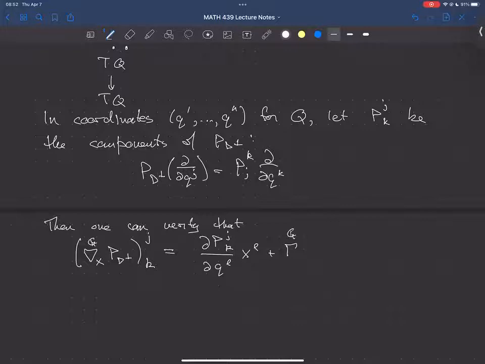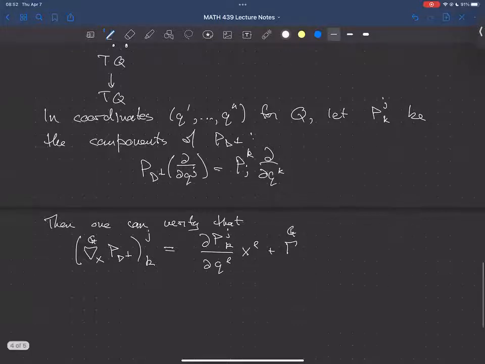Okay, and then I'm going to get plus gamma. So the Christoffel symbols, of course, show up. So it's going to be X L, so it's going to be gamma L, and then it's going to be P, so I need to sort of fill in the indices here. So it's going to be M, and then J K, all right?